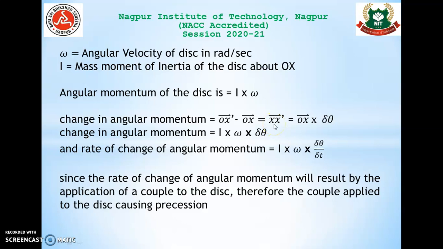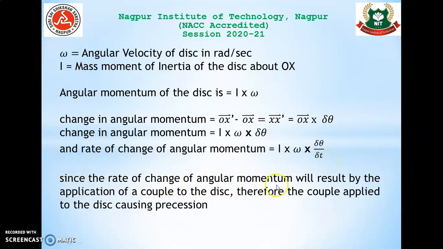Vector XX dash may also be written as vector OX multiplied by del theta, the change of angle. Therefore, change in angular momentum is given by I into omega into del theta, and the rate of change of angular momentum with respect to time is I into omega into del theta upon del t.